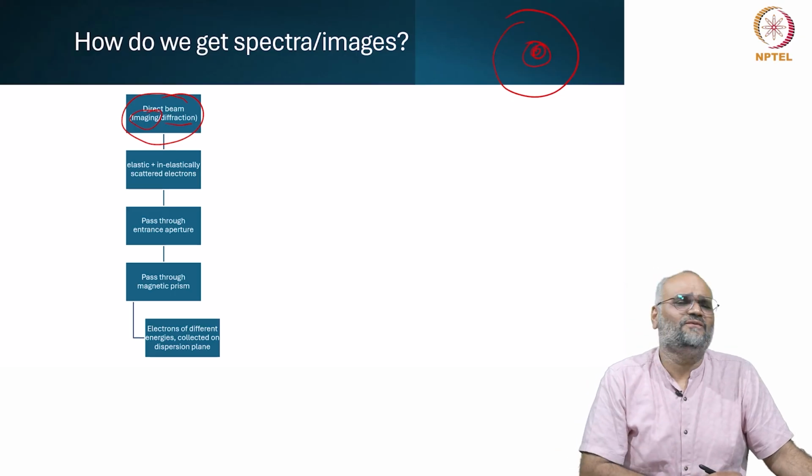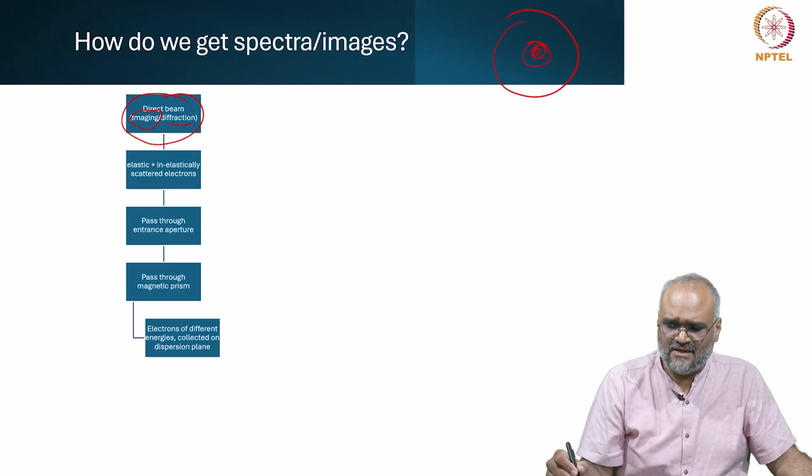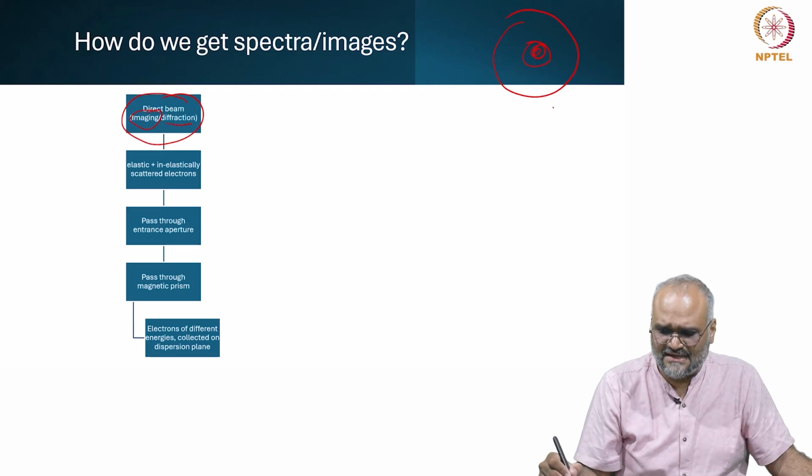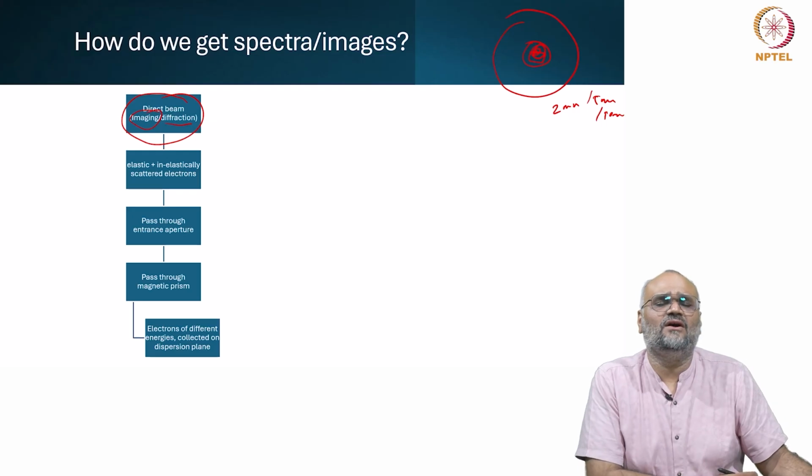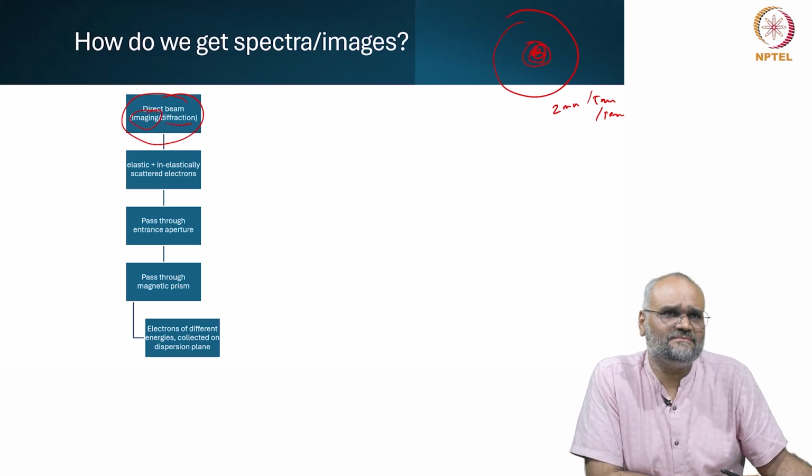Somewhere around the centralmost spot, you typically have an entrance aperture which is either 2 mm or 5 mm, or in some cases 10 mm, and you want to align your feature of interest to coincide with this region on your fluorescent screen.